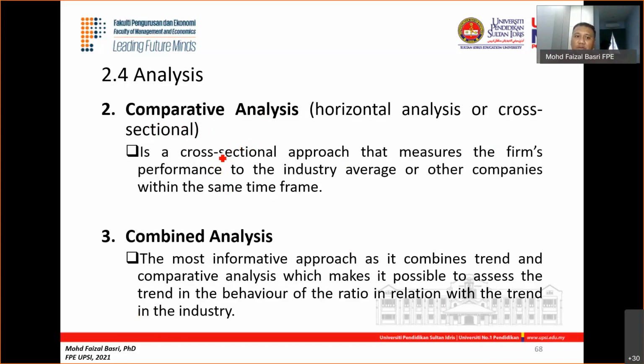Comparative analysis is also known as horizontal or sectional analysis. For this, we measure the firm's performance against either the industry average, just like what we've done in the exercise, or other similar companies within the same time frame. So meaning more than one company.